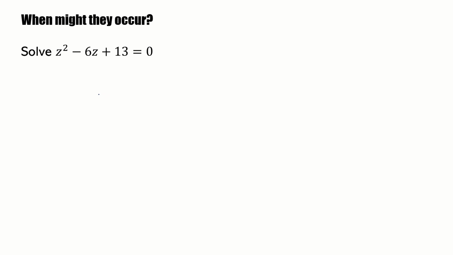So let's get started. If we're trying to solve a quadratic, well, technically there is a way we could factorize it, but factorizing starts to become something you don't really want to do so much with complex numbers. So instead, what you're going to want to do is use the trusty old quadratic formula, because the solution to this equation will just be z equals minus b, which in this case would be therefore minus 6, plus or minus the square root of b squared, so minus 6 all squared, minus 4 times 1 times 13.